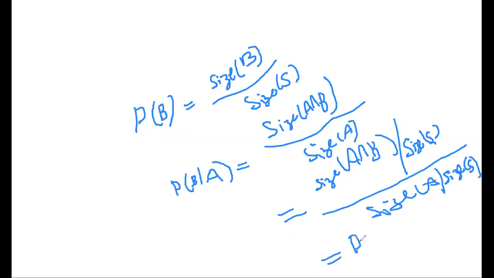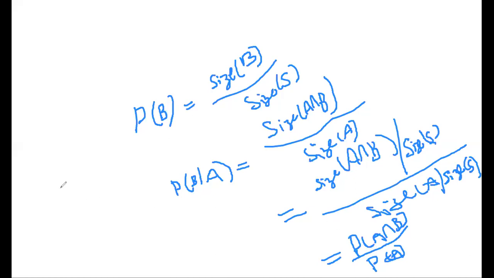Probability of A intersection B. Very good. And the denominator is size of A by size of S, which is nothing but probability of A. So probability of B given A can be written as probability of A intersection B by probability of A.